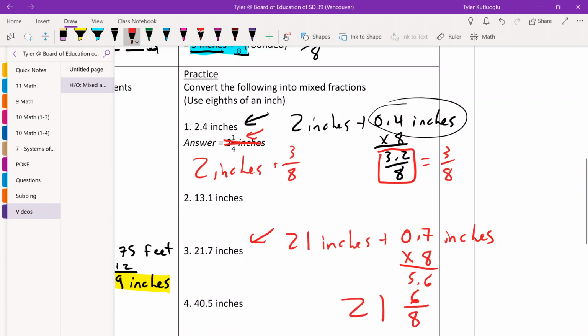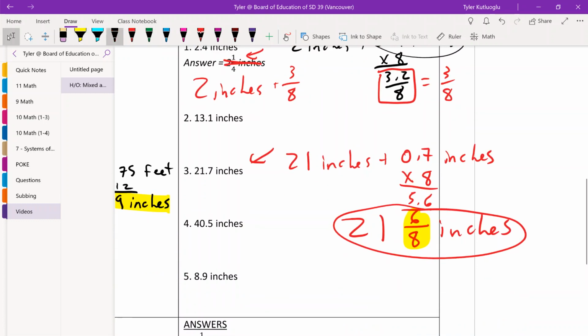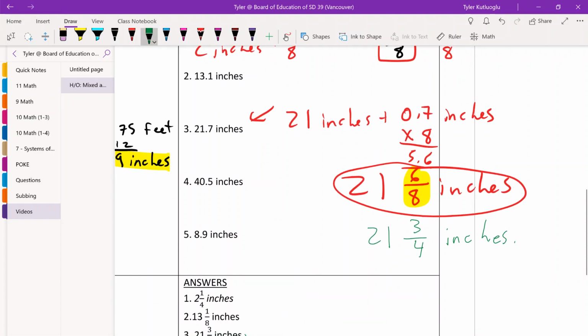So 21 inches and 6/8 inches. The only problem with this one, we've got to be careful: 6/8 can actually reduce. That's the same as saying 3/4. So I'm going to say 21 and 3/4 inches. Cool. And that's what I did right in the answer key. Sorry about that one, my bad.